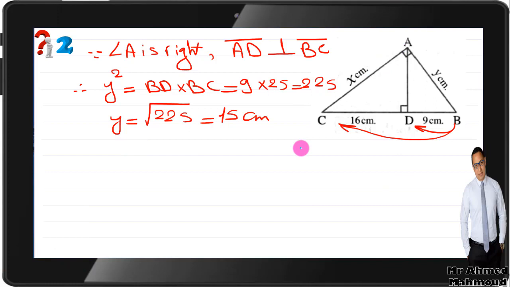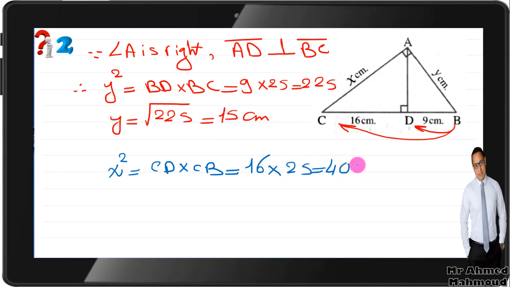x, or AC power of 2, equals CD times CB. Again, CD times CB, which equals 16 times 25, equals 400.